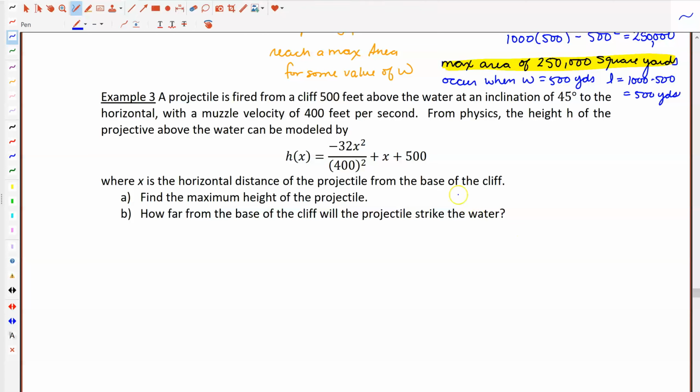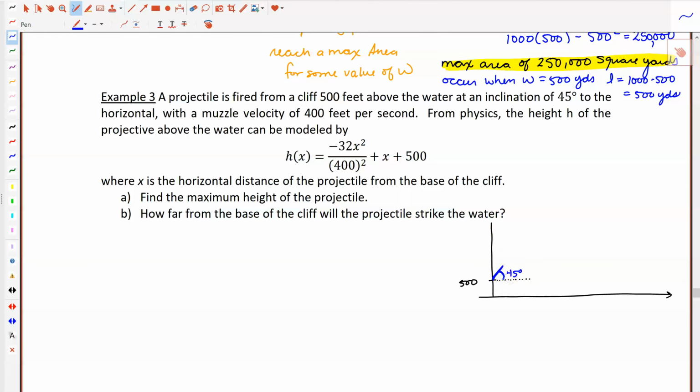First let's draw a little diagram of what's going on here so we can visualize what's happening in the scenario. Here would be my cliff. Here is going to be the 500, and then from there, let me just draw a little dotted line. This projectile is going to be fired off, taking off from here at an angle of 45 degrees.